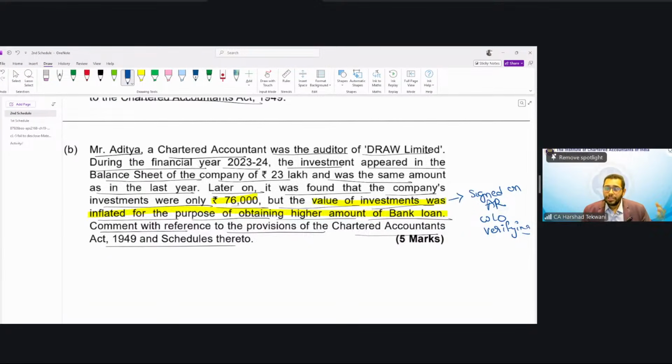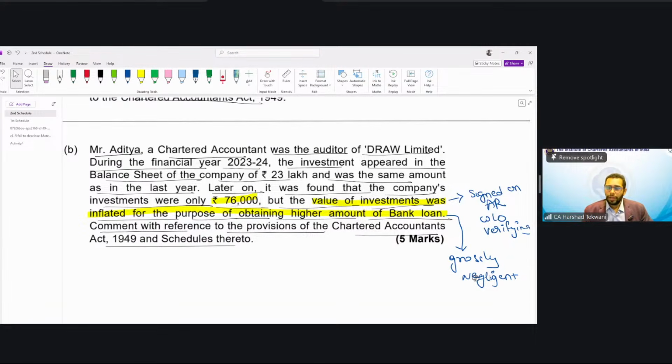But without which you signed a report, but you did not verify it. Secondly, I can say that you were grossly negligent.